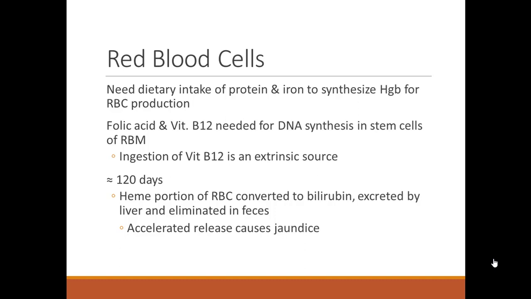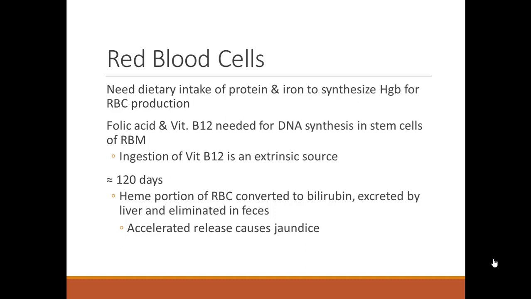Our body needs protein and iron in our diet so that we can make hemoglobin to make more red blood cells. So it's another thing where we get into the anemias. We'll get into that when we get there. But without protein and iron, we're going to run into problems with anemia.